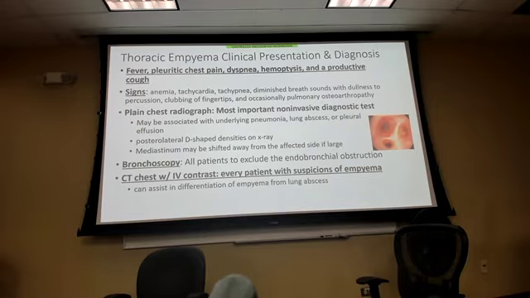All right, so they're going to have fevers, pleuritic chest pain, dyspnea, hemoptysis, productive cough. Kind of just sounds like pneumonia. But they are also going to be anemic. They're also going to be tachycardic, tachypneic, and have decreased breath sounds with dullness in that region.